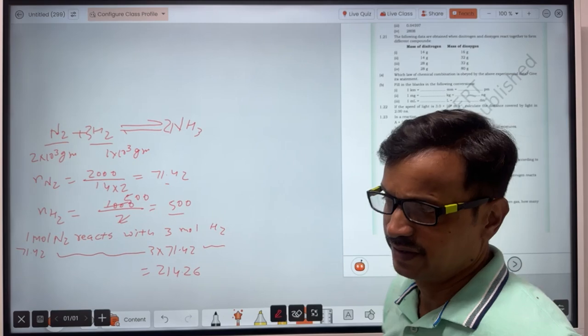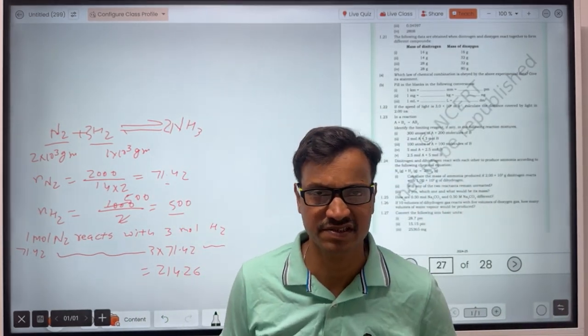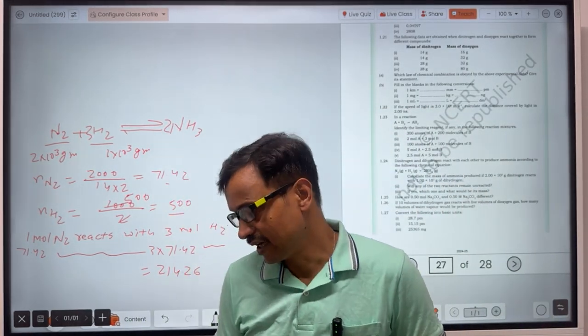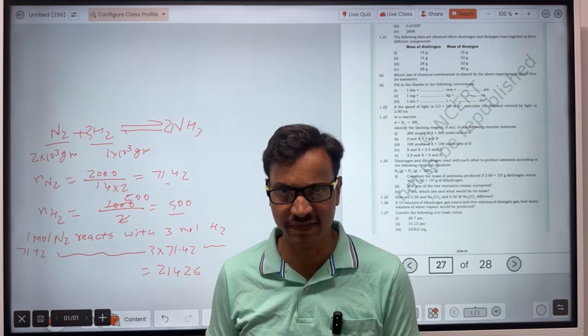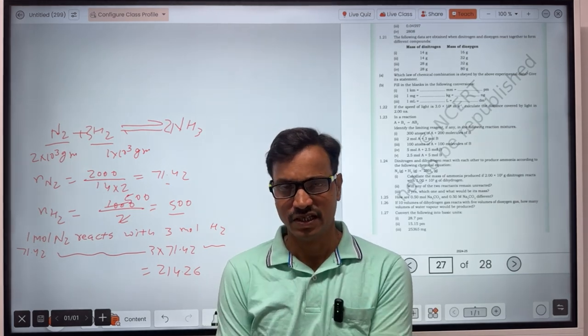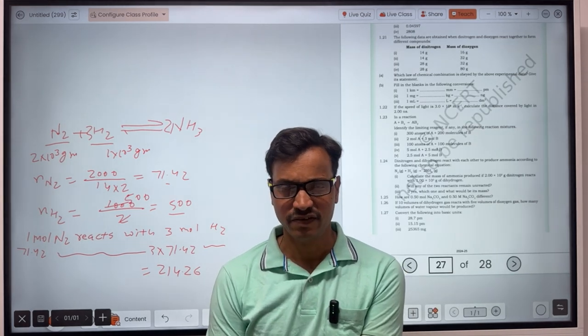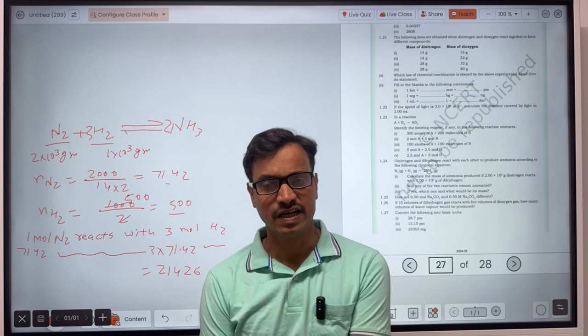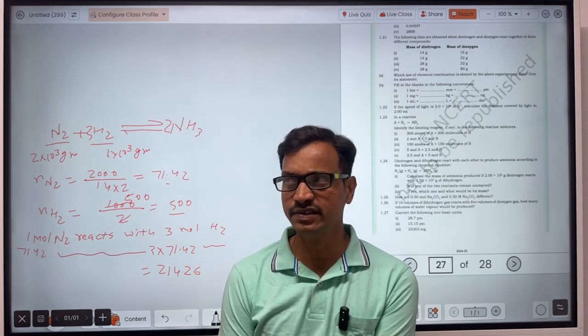So here hydrogen will not be the limiting reagent, because the amount of hydrogen available is more than the amount of hydrogen required for the reaction. That's why hydrogen will not be the limiting reagent.